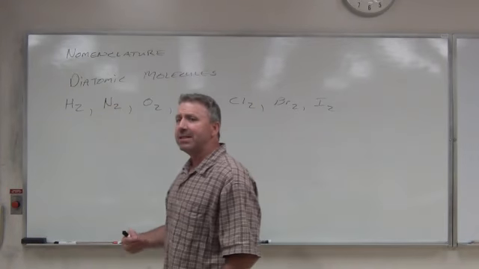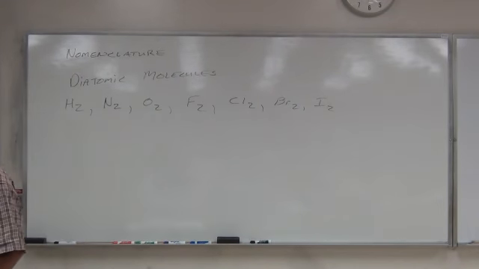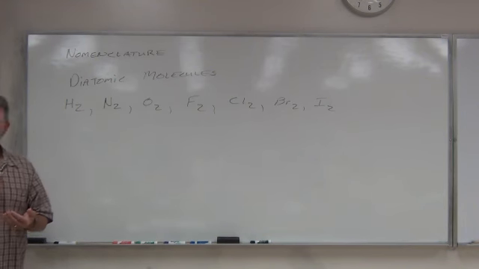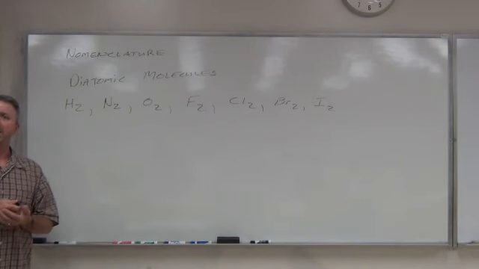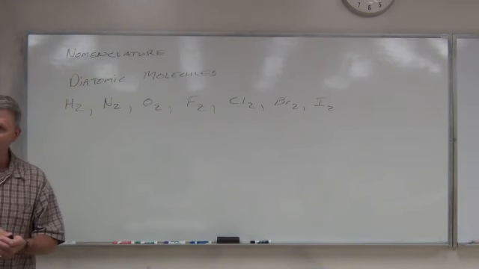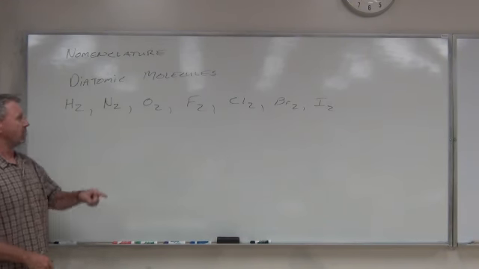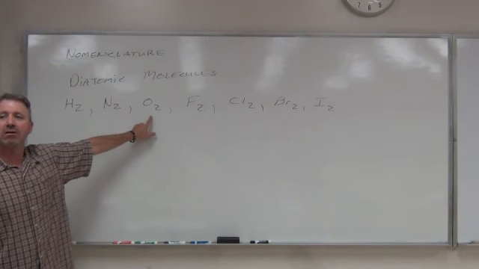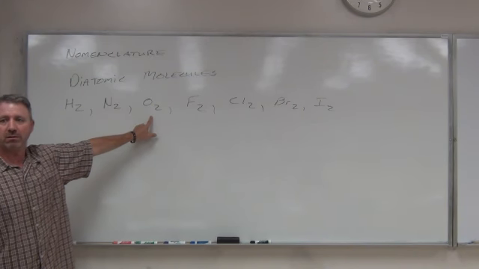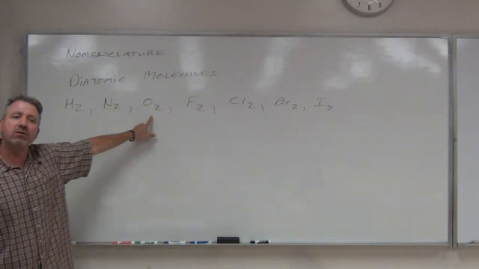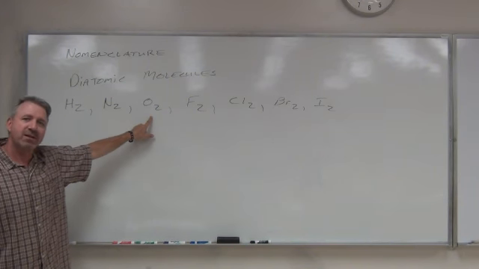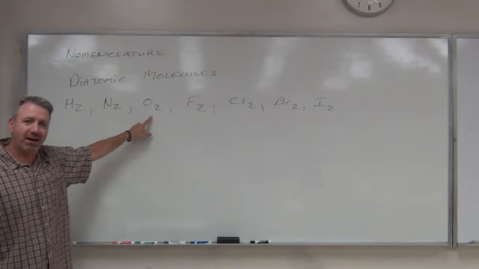Now, there's a lot of inconsistency when it comes to naming these. There are 2 groups of people. They do pretty much whatever they want. But IUPAC is explicit. They say the name of the element is reserved for that form in nature. This is how they exist in nature. So when you say oxygen, this is what you're talking about, O2. Unfortunately, some people don't follow the rules, and they call it diatomic oxygen.